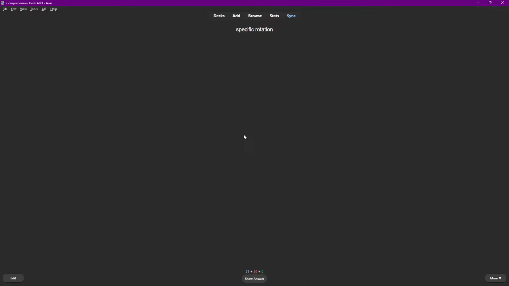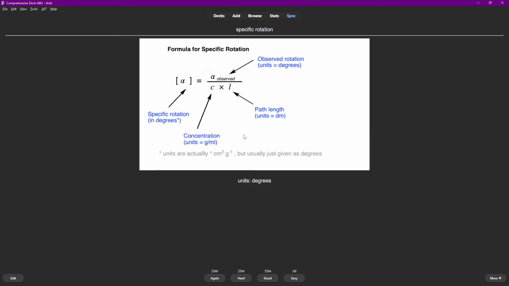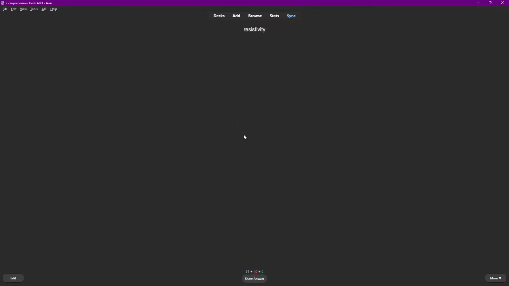Specific rotation, I remember, specific rotation is equal to the rotation observed divided by the concentration times the length of the tube. I learned that just now. Jolly good show. Resistivity, I'll just use the resistance equation, where R is equal to resistivity times L divided by area.